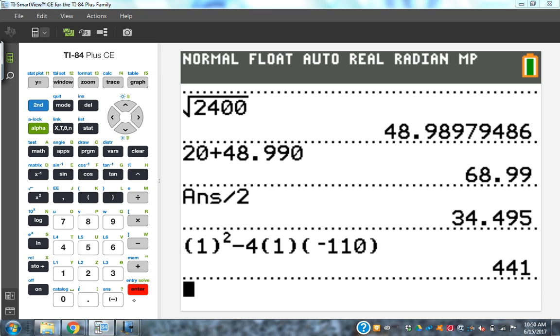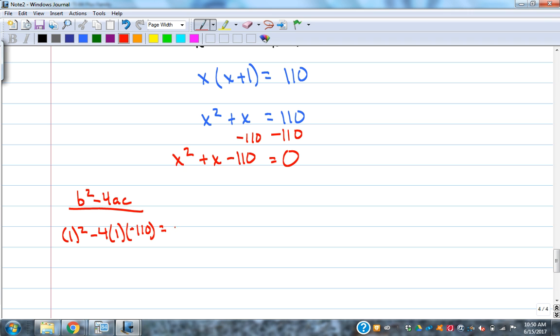441. x equals negative b plus or minus the square root of 441, over 2 times 1. I don't know a whole lot about 441, but it's under a square root.